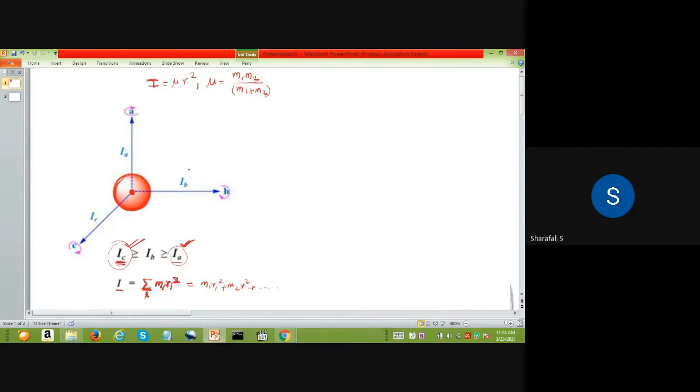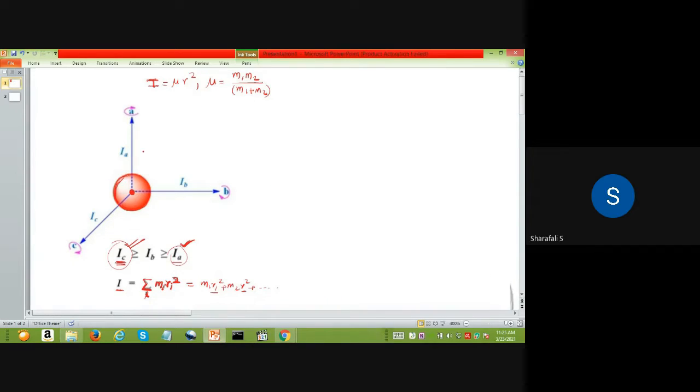In this particular case, we have three axes. In each molecule, there will be different atoms, each having different masses, and those masses are separated from the center of mass of that molecule. How much is the distance of those atoms from these axes? That is denoted by this r. So that is the perpendicular distance from the axes A, B, and C. I will explain that next.